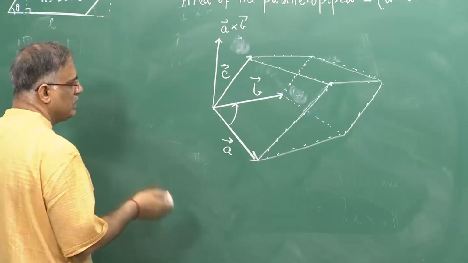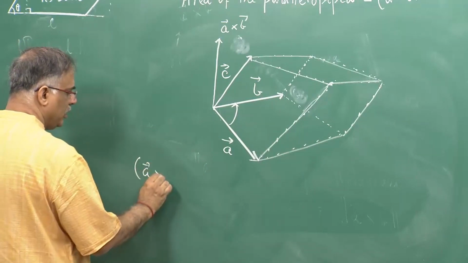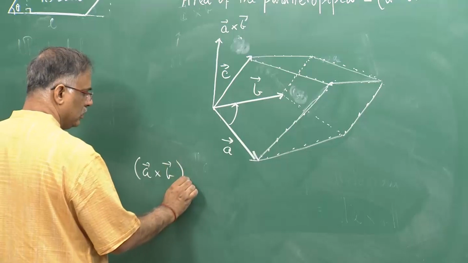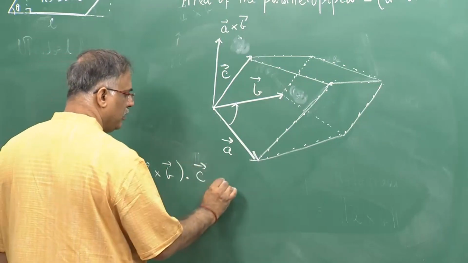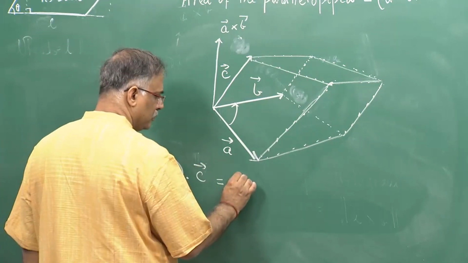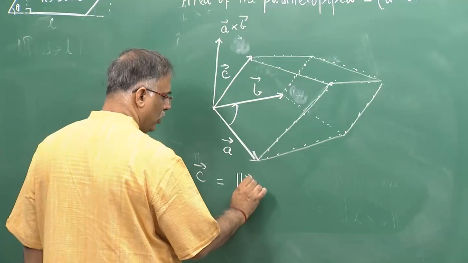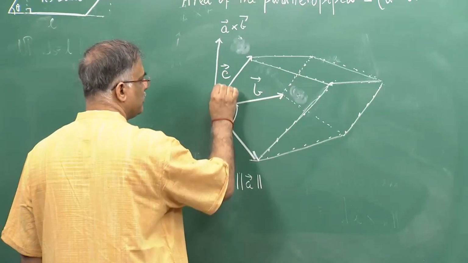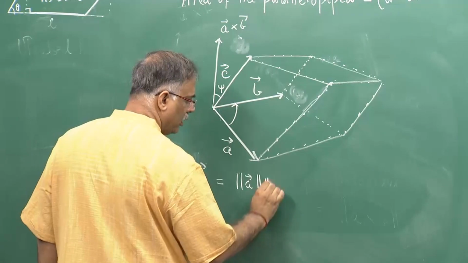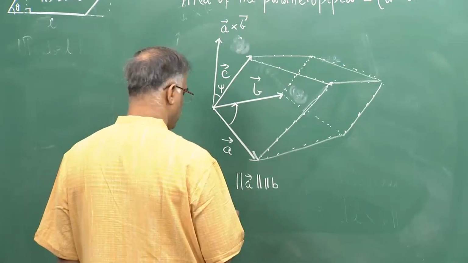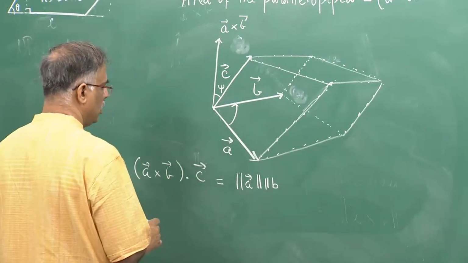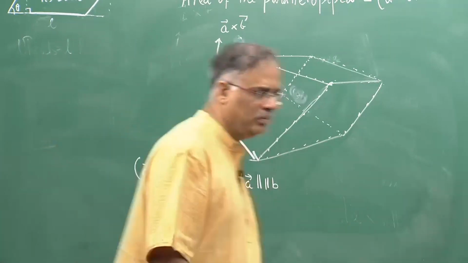C, what is that? So A cross B dot C is nothing but, this angle is some psi. Sorry, I am making a mistake.